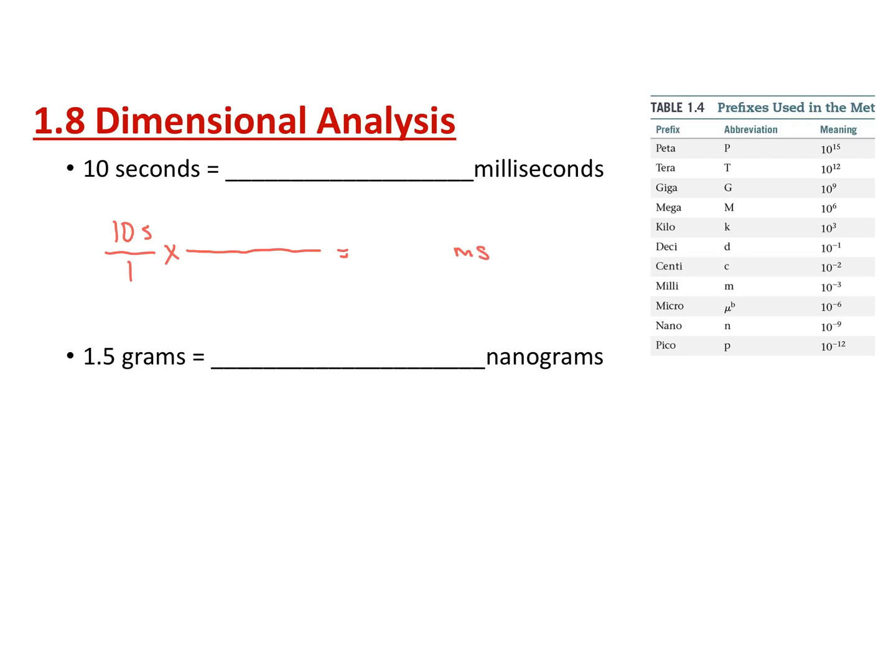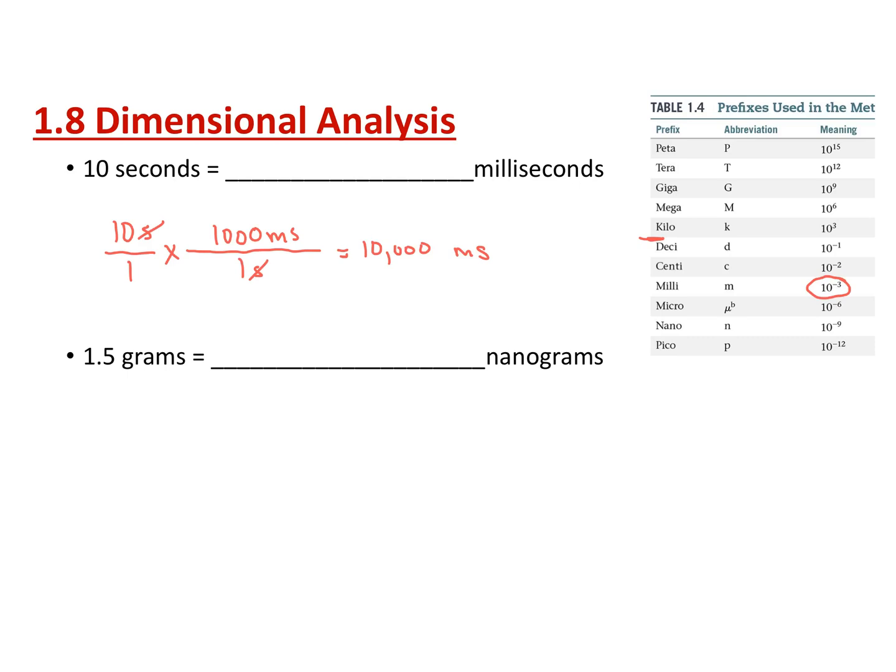Well, if I look, my base unit would be right here, and milli is 10 to the minus 3. So that means that in 1 second, I would have 1,000 milliseconds. So I multiply, seconds cancel out, and I would have 10,000 milliseconds.